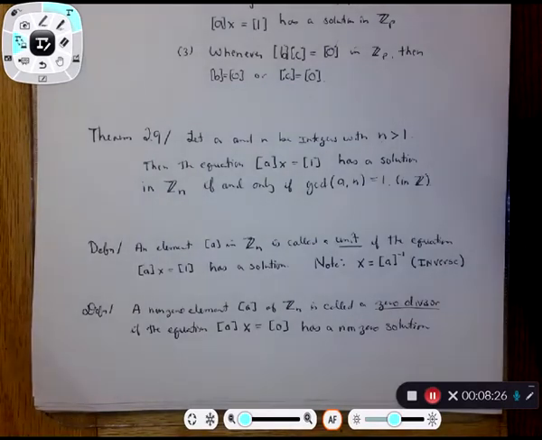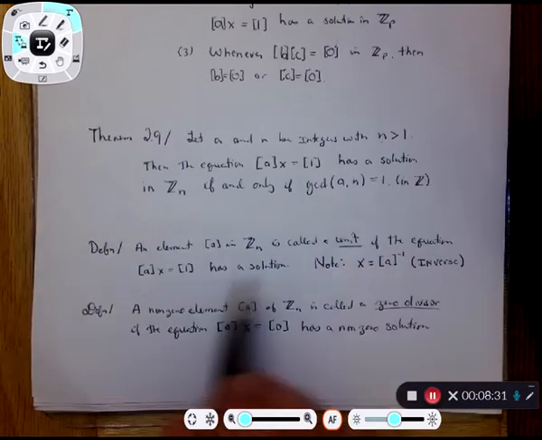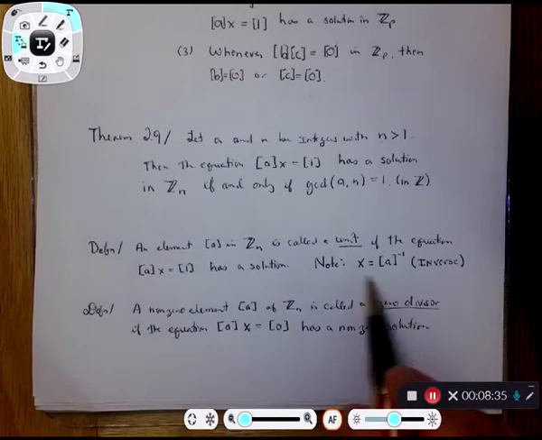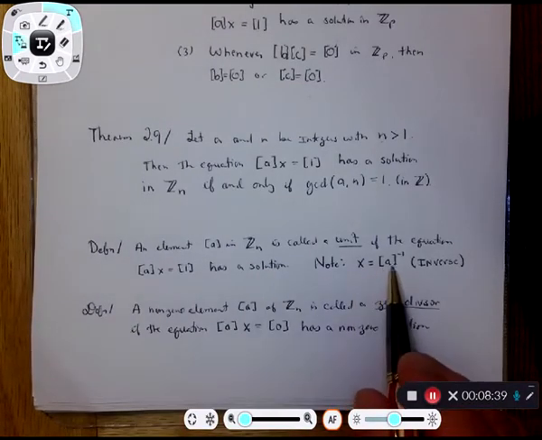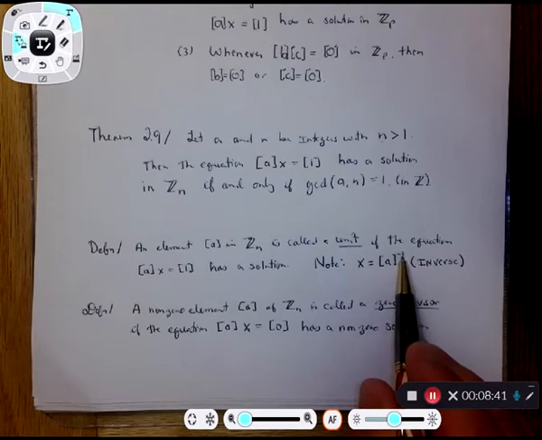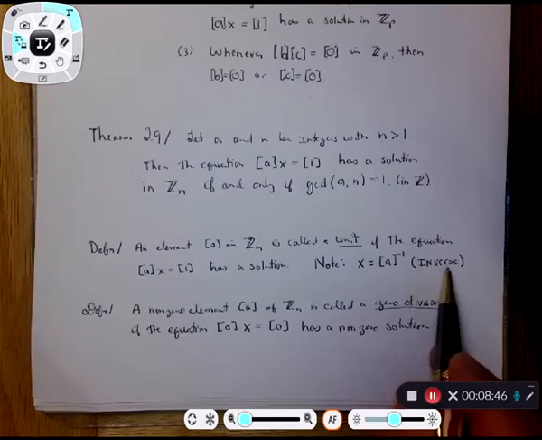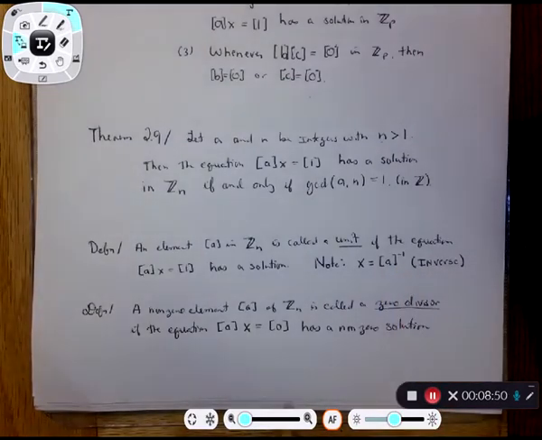So I got a couple of definitions down here for you. An element A in Zn is called a unit if the equation A times X equals 1 has a solution. And just a note, that X that you're trying to solve for is really going to be this A with a little minus 1, and that little minus 1 is referring to classic algebra notation of inverse, the inverse of equivalence class A. So this is called a unit.